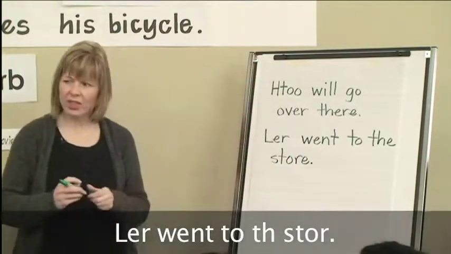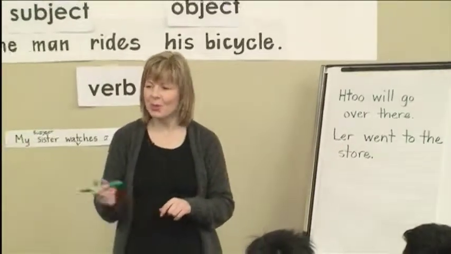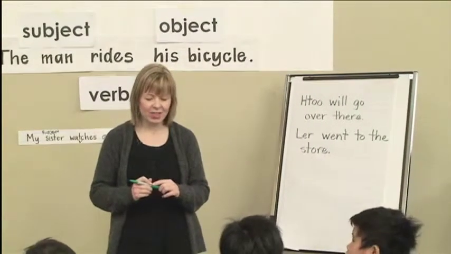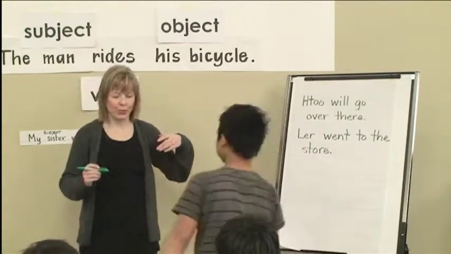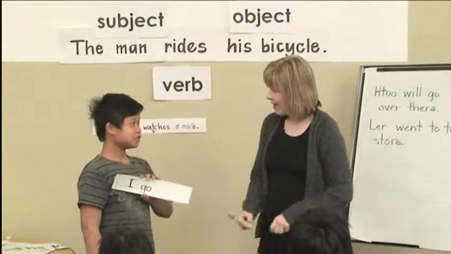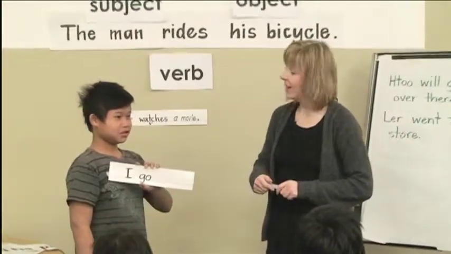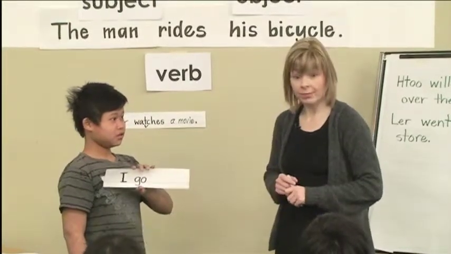Now, you guys are very good at making sentences. I thought you said you didn't remember this, but you're doing really well. Who wants to take a shot? Whose turn is it? Okay. What do you have? I go. What do you think? What do we have here? We have a verb, go.